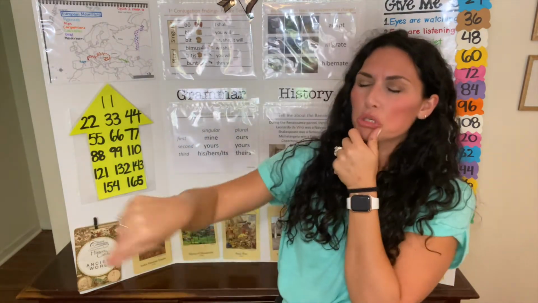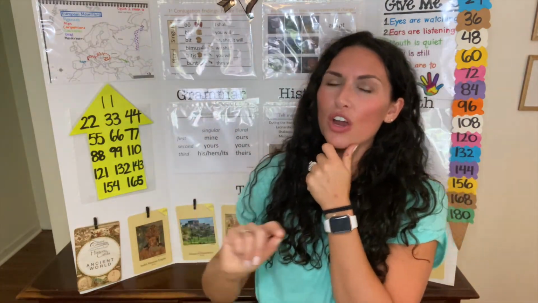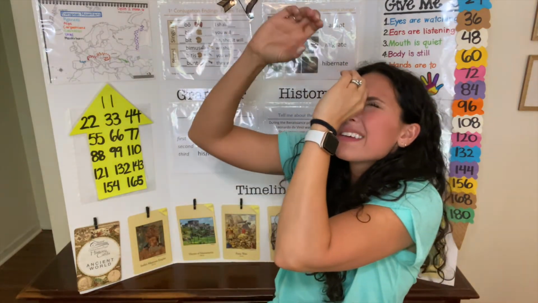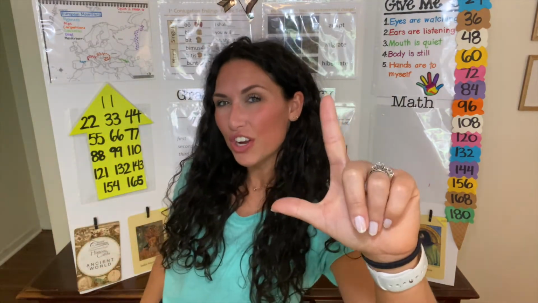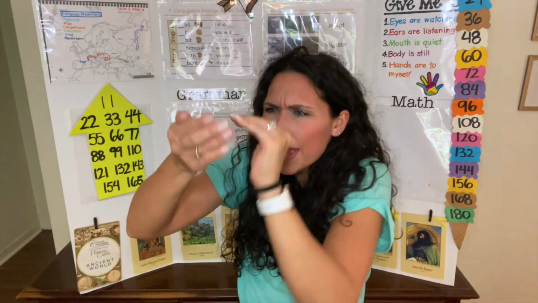Michelangelo was a famous artist, and Copernicus was a famous scientist. During the Renaissance period, from 1350 to 1600, Leonardo da Vinci was a famous inventor.